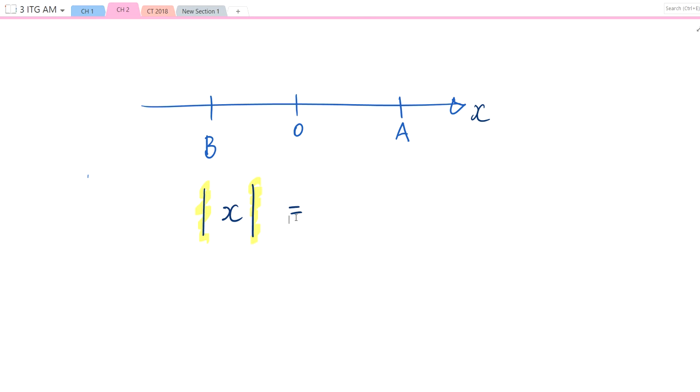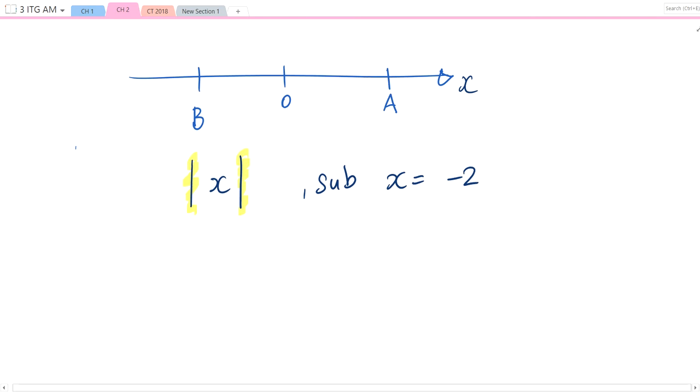Okay, so in this case, if I sub x equals to negative 2, which was the case in B, we are going to get the absolute value of -2 is 2.